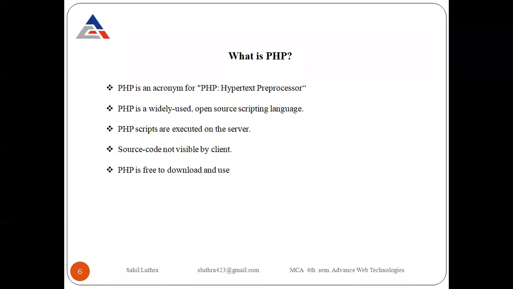Now we are going to discuss what open source is. There are two types of languages available. So now we are going to discuss what an open source programming language is, because C++ is an open source programming language, as well as Java. What is an open source programming language?